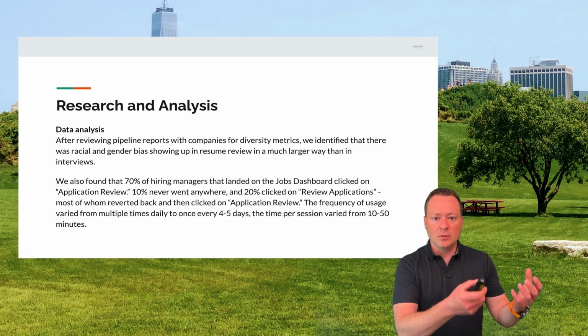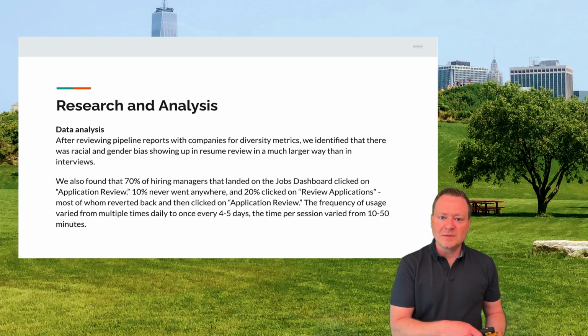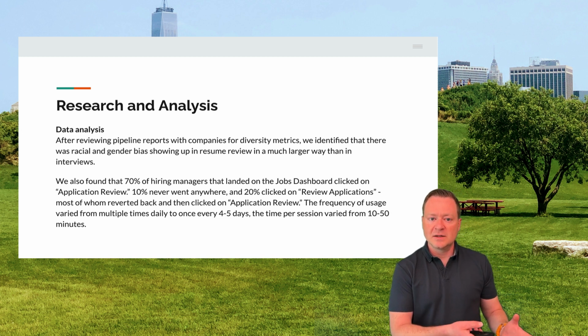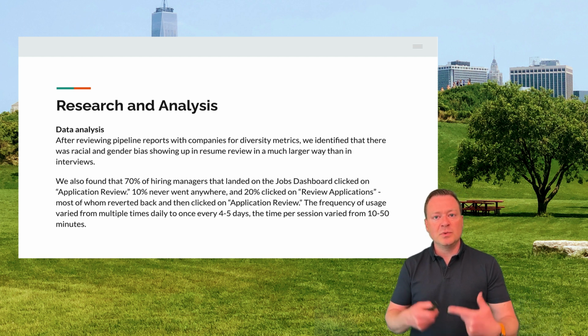And when they look at race and gender and those applicants, they have very similar flow-through rates across these different factors. But in resume review, the race and the gender tend to be in a situation where there's bias, meaning some races and some genders get through at different rates, which means that you don't have enough structure in the resume review, which leads yourself to bias, either conscious or unconscious. And you need to be able to put in structure to prevent that.